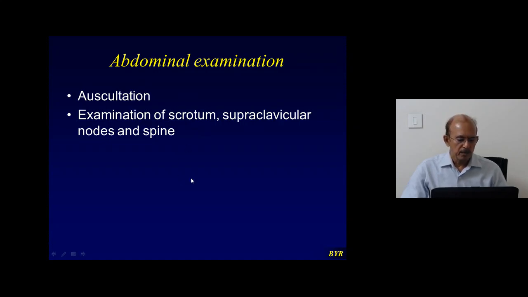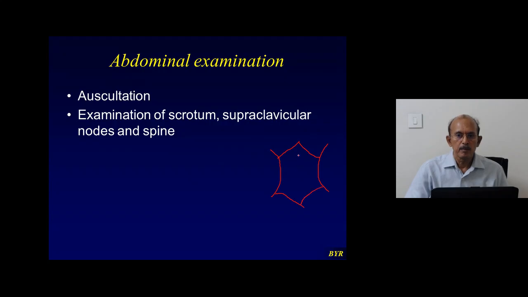For example, a patient may come to you. When you examine, you may find a lump somewhere here. You have made a very nice examination. You say this is a retroperitoneal mass, nodular, tender or non-tender, hard in consistency.